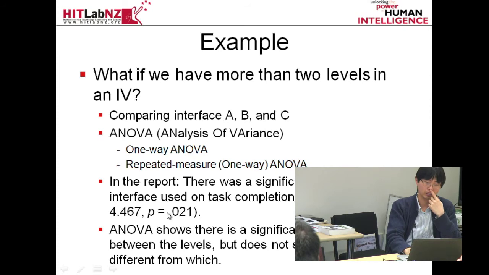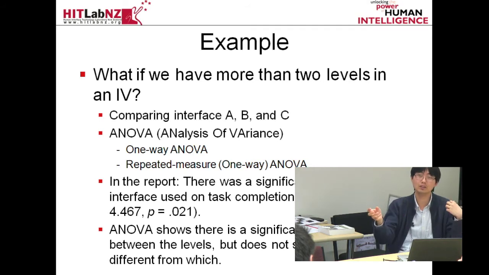So even if you had a significant result with ANOVA, you can say there's a difference between the interfaces, but you cannot say if A is different from B or B is different from C or A is different from C. You can still reject the null hypothesis, which is there is no difference between the interfaces. So you can say there is a significant difference between the interfaces, but you cannot really tell which interface specifically is different from the other.